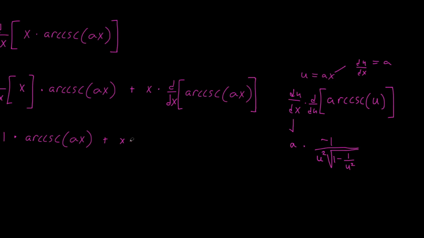So that's x times a times, and that's this a, times -1 over, let's see, u is equal to ax, so we have ax squared, which is equal to a squared x squared times the square root of 1 minus 1 over, the denominator is the same thing, it's u and u squared, so we'll just say a squared x squared.